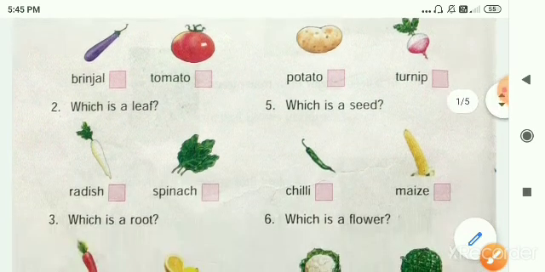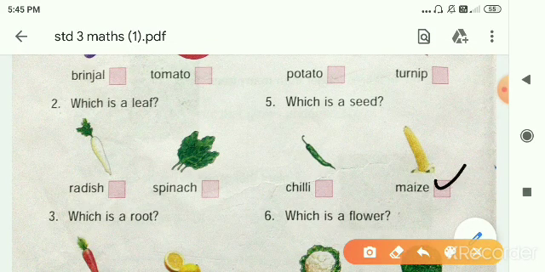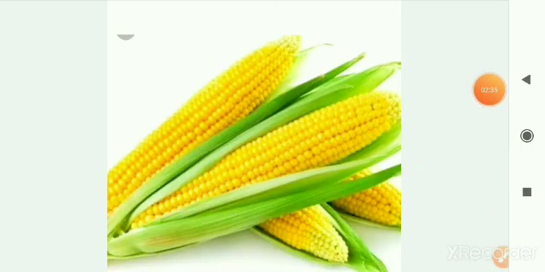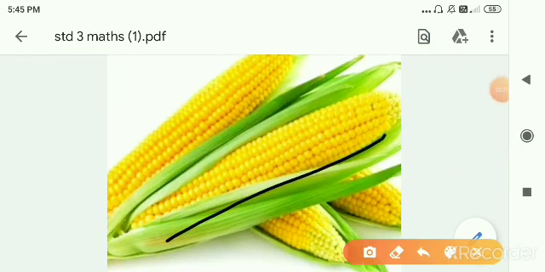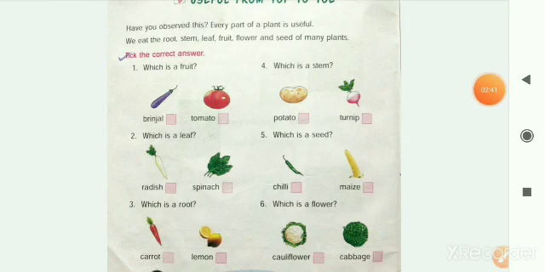Next, which is a seed? Chili or maize? So of course maize is the answer, not chili. You can see here, this is maize and you can see these seeds. So which is a flower? Cauliflower or cabbage? In the cauliflower plant, the edible vegetable part is called its head.